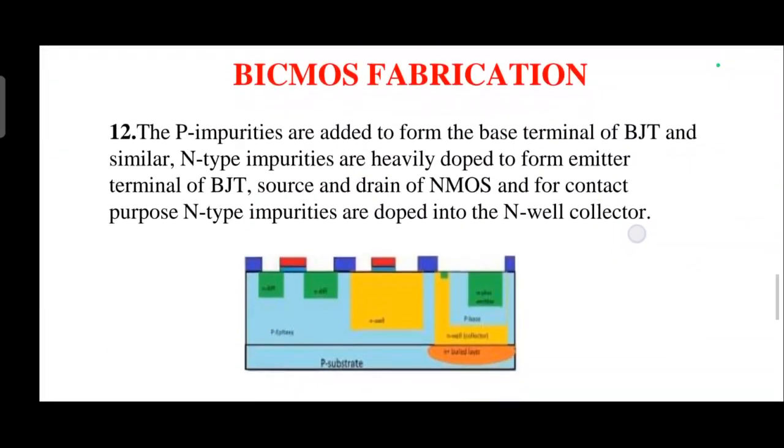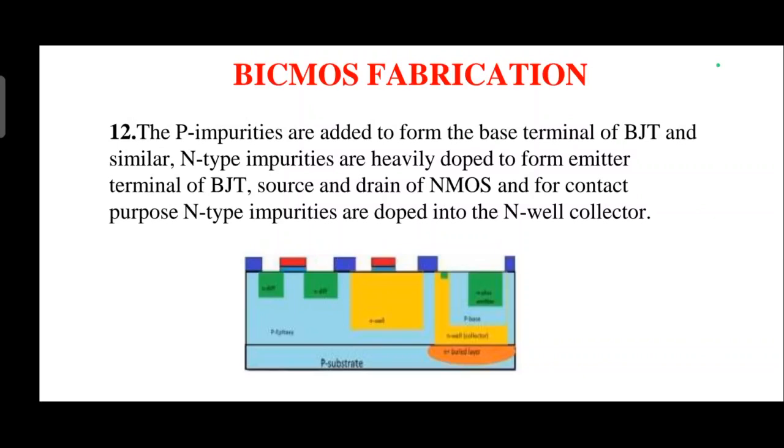Next we will carry out the creation of the bipolar transistor. Here first the substrate is heated to higher temperatures, and then N-type impurities are heavily doped in order to form the N-type emitter terminal of the BJT.